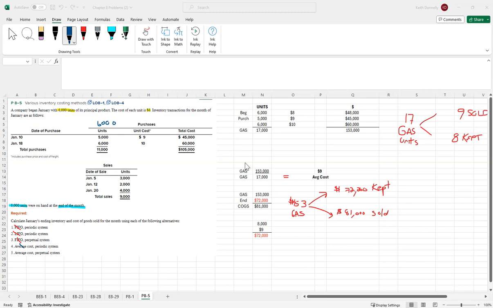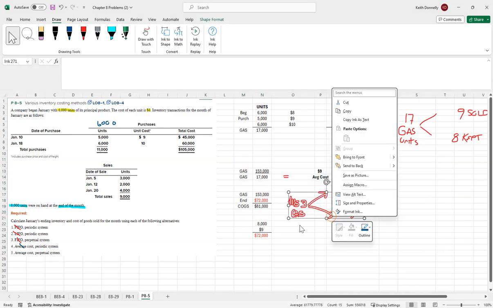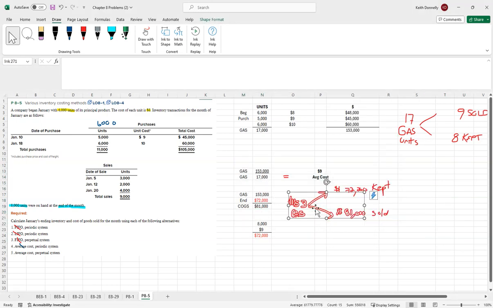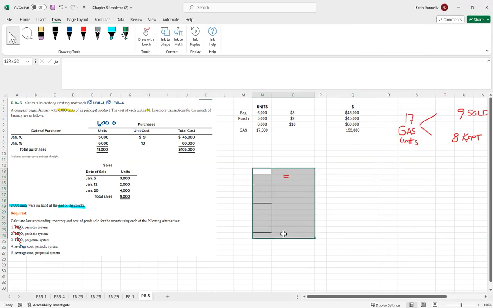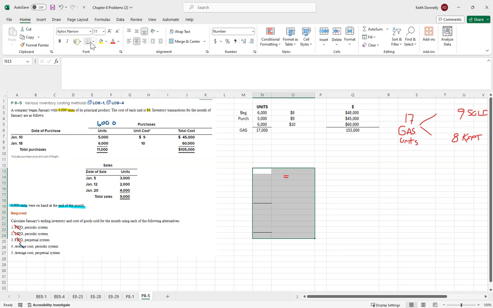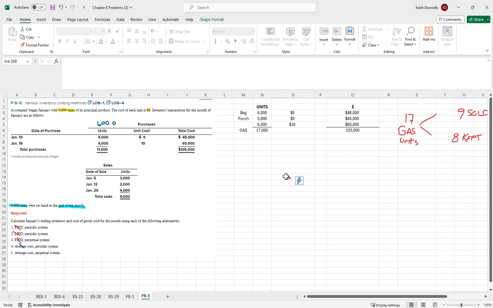So I've got to get rid of all this. All right, we have average cost perpetual. So we have to do the whole mapping here for everything again.